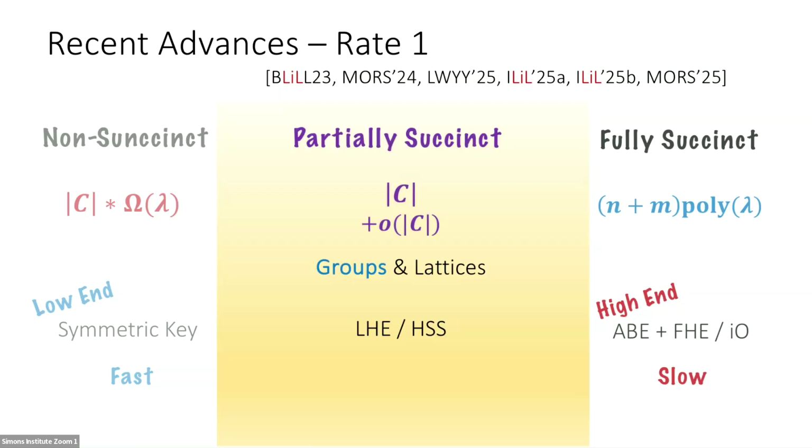What we can do now is have a partially succinct garbled circuit where the garbling is 1 bit per gate plus some low order terms, using group assumptions, which were not used before in garbling. And the tools that are used here are linearly homomorphic encryption and homomorphic secret sharing techniques.